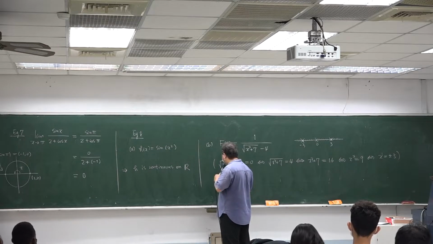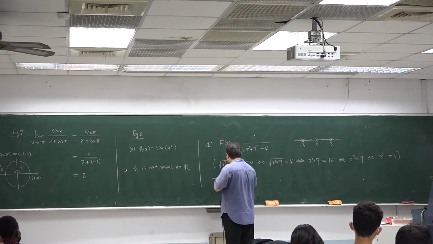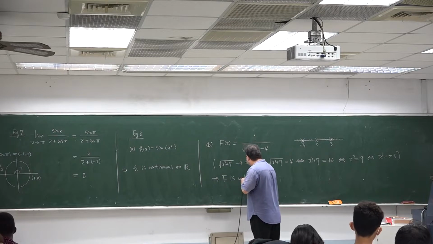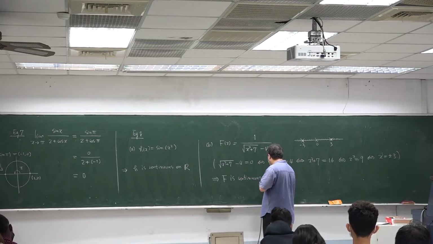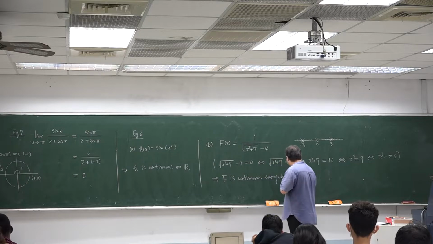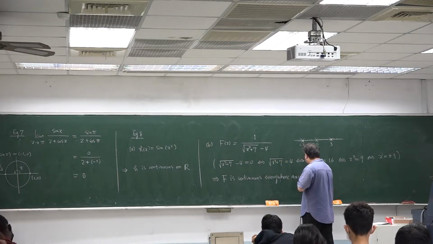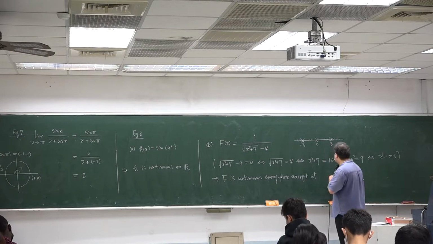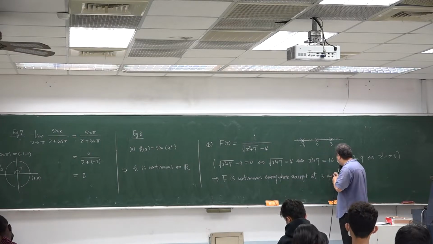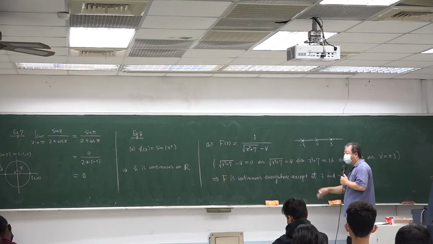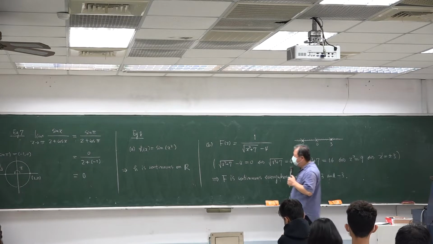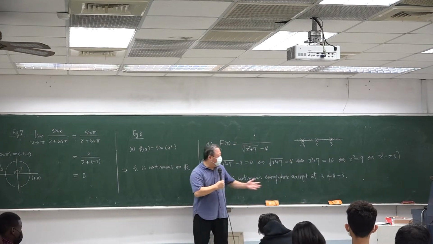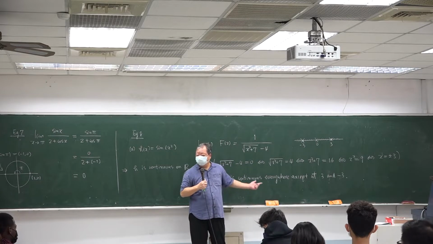We may describe this by saying f is continuous at every real number, or everywhere, except at the numbers 3 and minus 3. So we may describe the answer in terms of intervals or also at some points, some numbers.